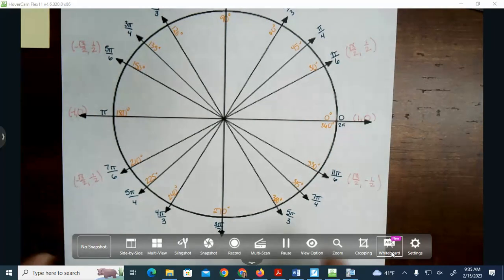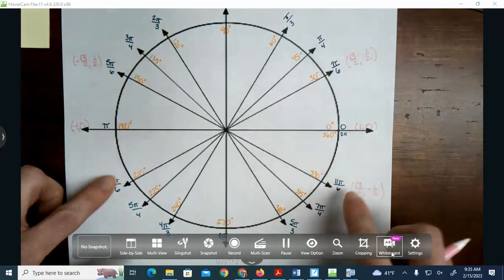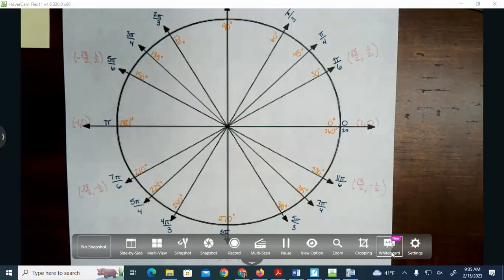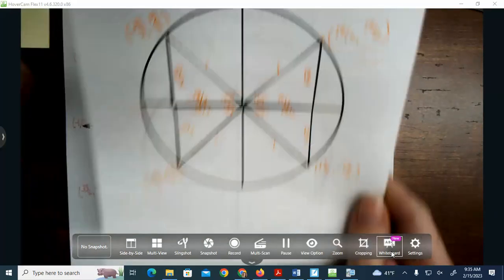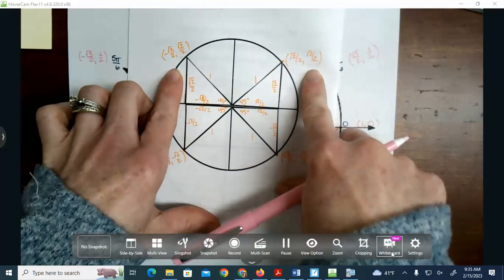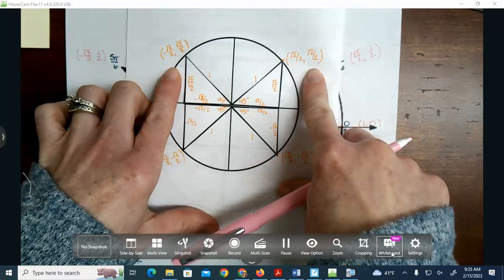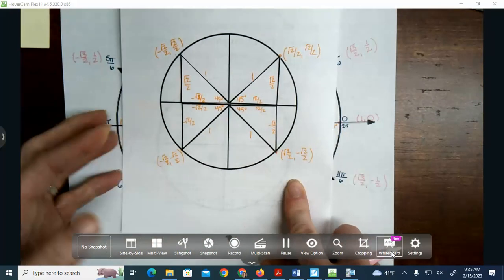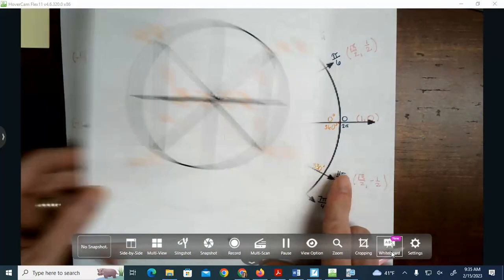All right. So all of my reference angles of 45, my pi over 4s. Look at your picture. All of these were radical 2 over 2 and radical 2 over 2. The only difference was the signs, depending on the quadrant.